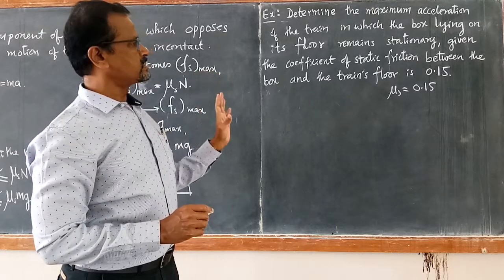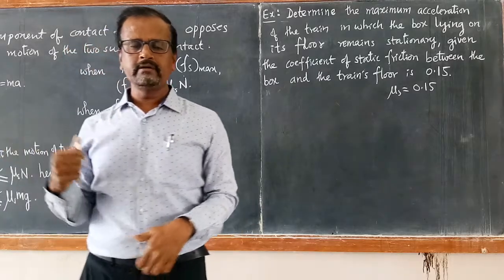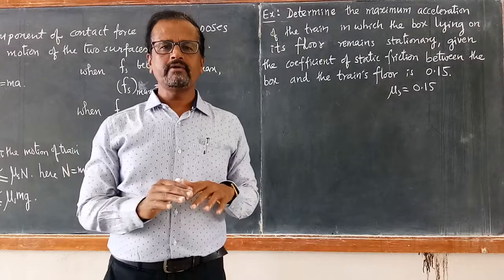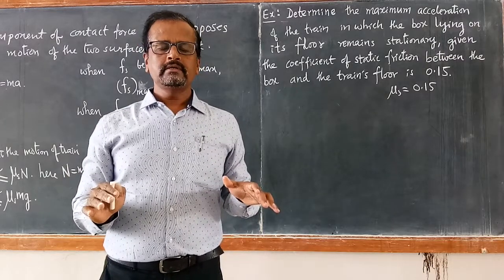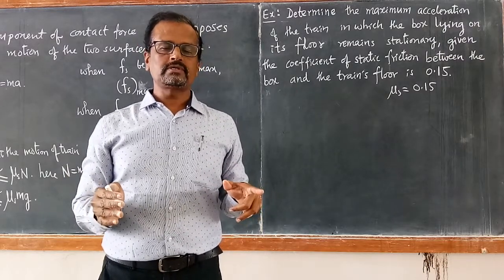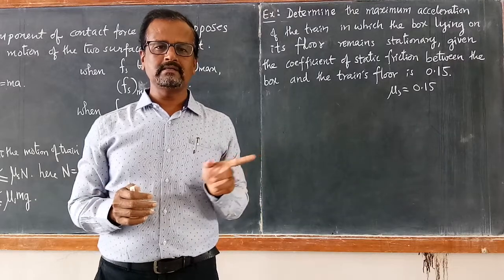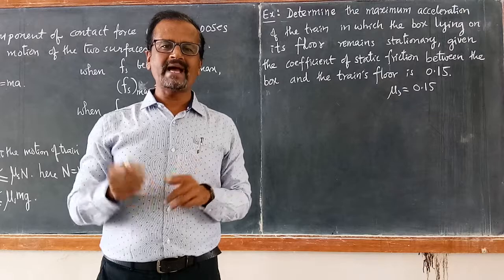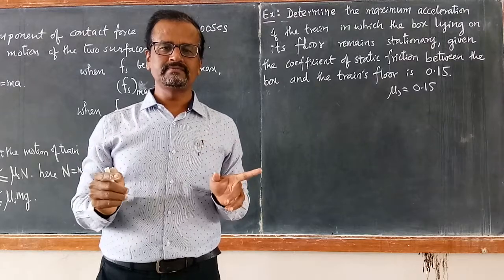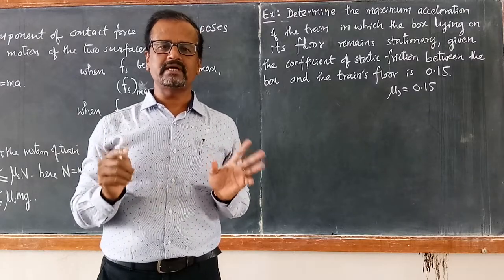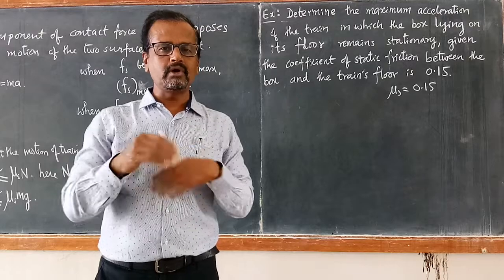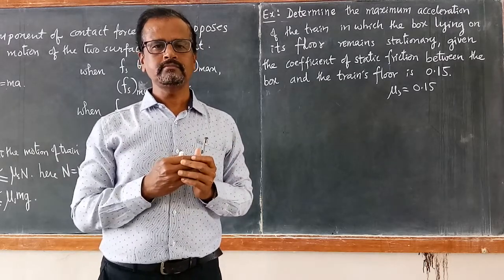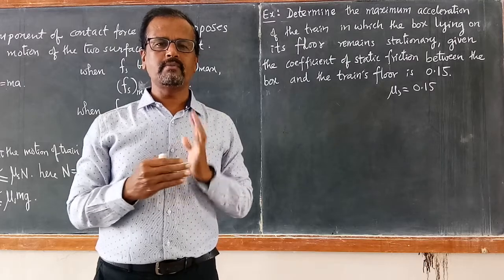So just now we concluded, for the box to remain stationary on the floor of the train, the force exerted by the pull of the train must be equal to the maximum value of static friction. Beyond that value, the box starts moving.